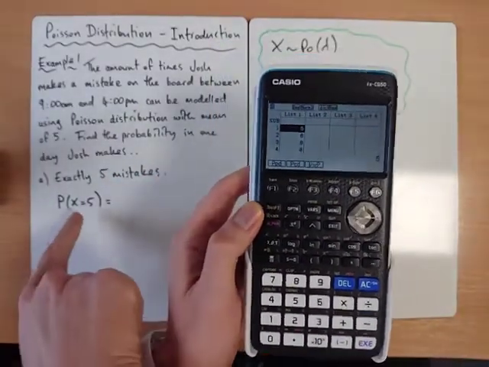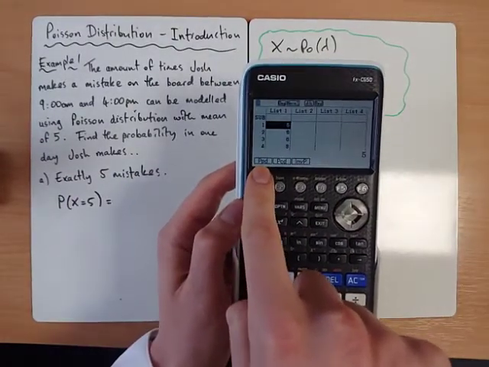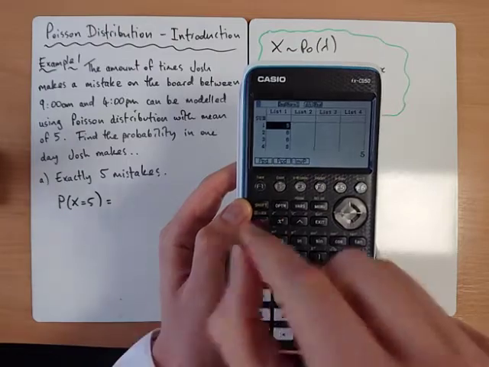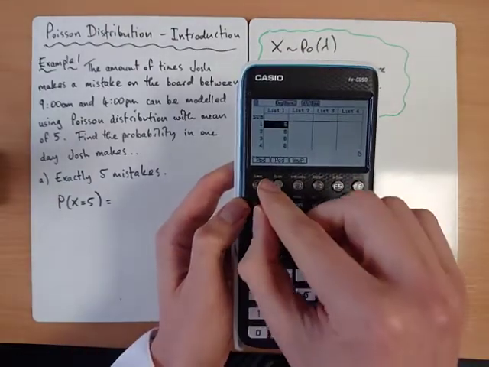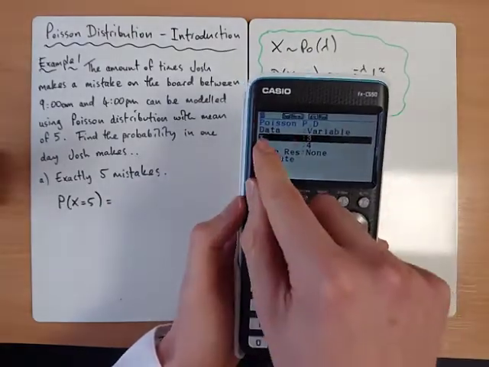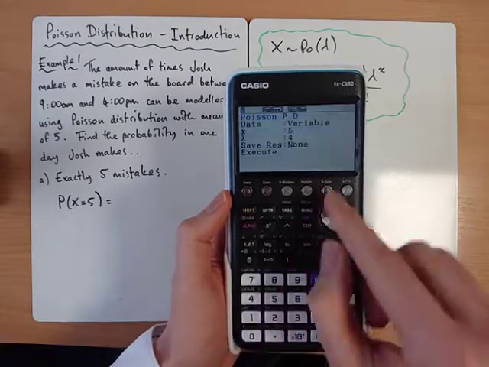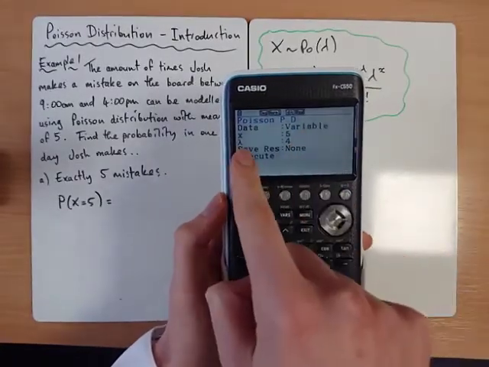So when we're getting a particular value, we press PPD because that gives us the exact value for one number of events. So exactly 5 or exactly 4, we can press F1. And then we enter the number in the question, X, which is 5. Make sure data set's on variable. It should be on variable, never change that.